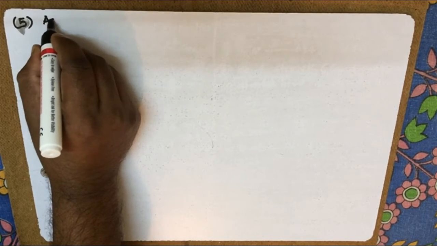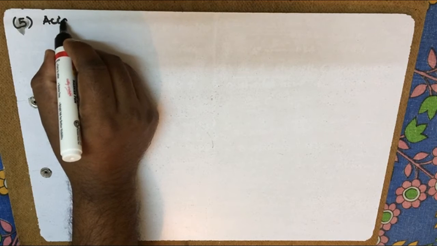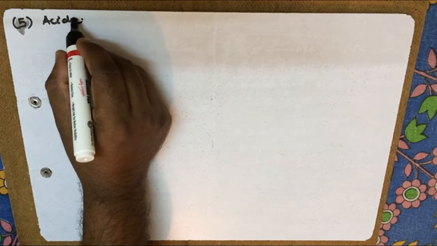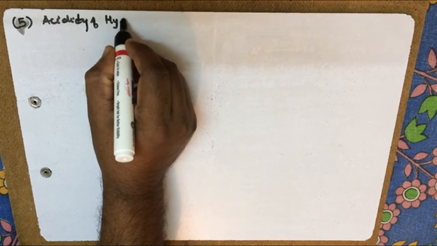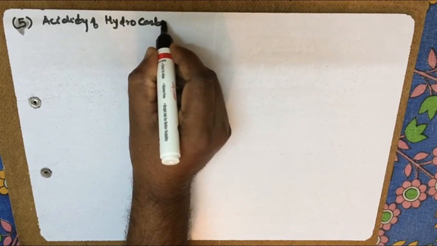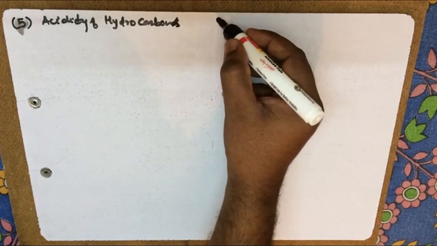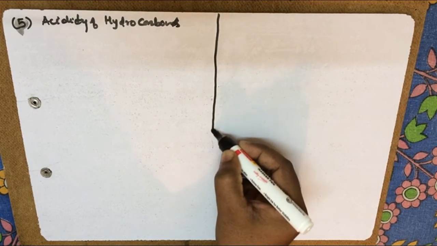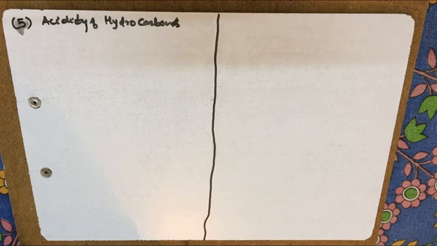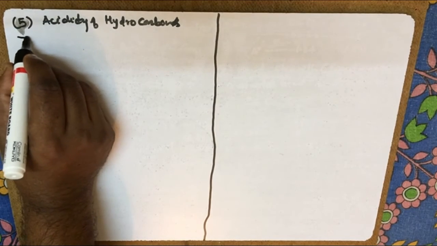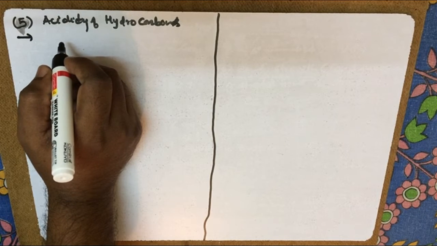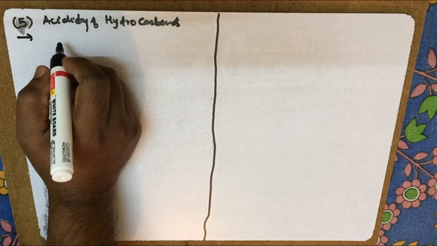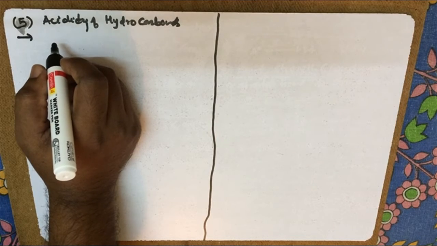Acidity, last point of this, not last point. Acidity of hydrocarbon. Okay, so acidity depends on the electronegativity of atoms, carbon atoms, or any atoms.